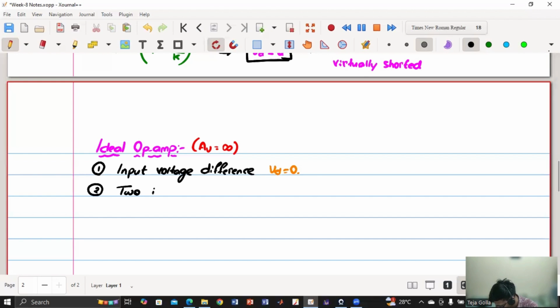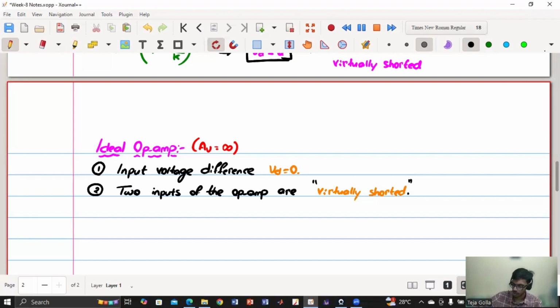So the two inputs of the op amp are virtually shorted. Okay. So this is what we are getting. So this you have to keep in mind.